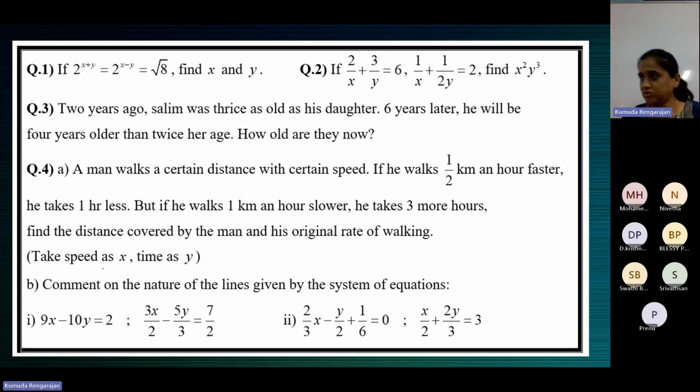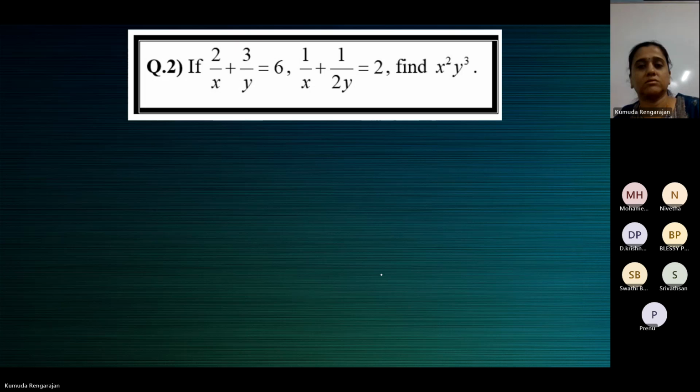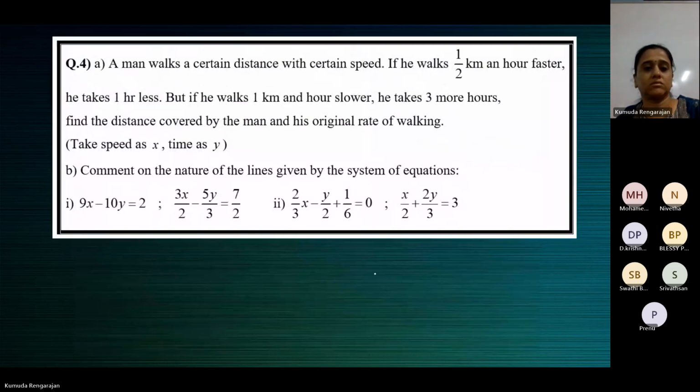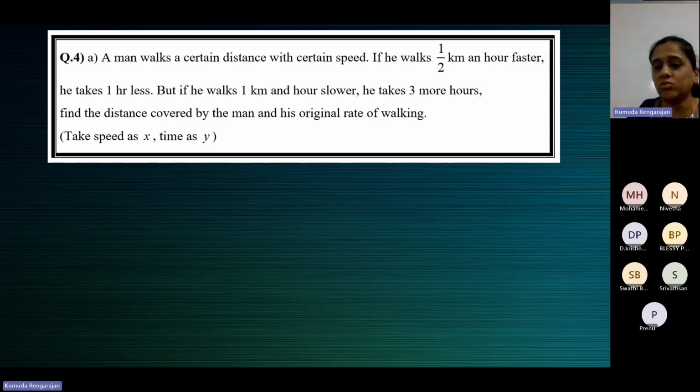Yeah, anyone here wants to share your equations? Okay, looks like nobody's sure about the equations, so we'll see them together. A man covers. Okay, you've read the question. Now, you were asked to take the speed as x and time as y, meaning take speed as x kilometers per hour and time as y hours.